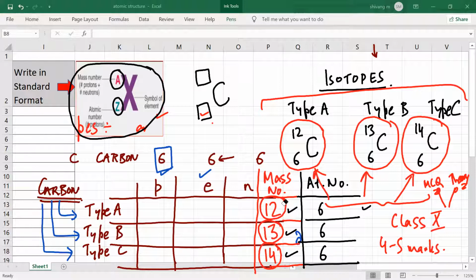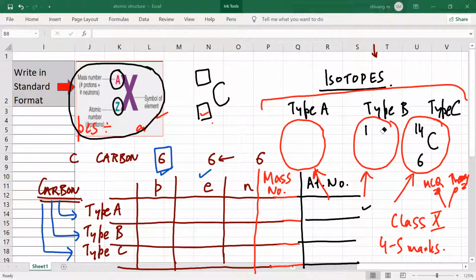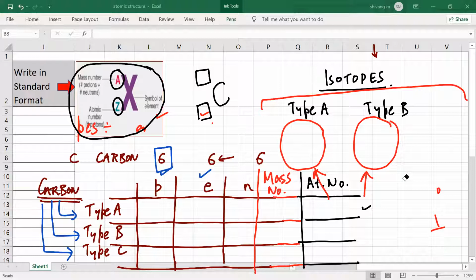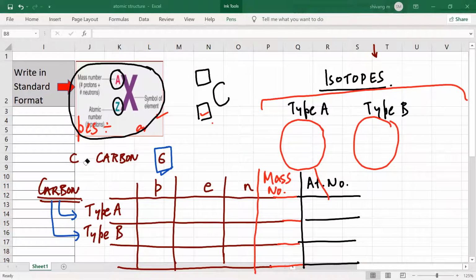The good news about chlorine is that there are only 2 types, so we can forget about type C. There is no type C for chlorine. There are only 2 types, 2 isotopes of chlorine.